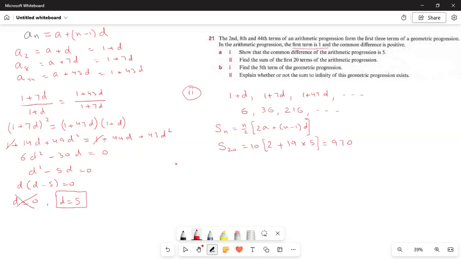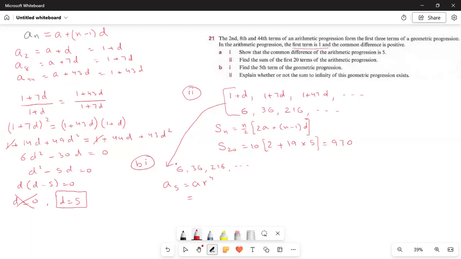Now let's do part B1. Find the fifth term of the geometric progression. I need this information; I wrote it there by mistake. So I know that my geometric progression is 6, 36, 216, and so on, right? So I need to find the fifth term of the geometric progression. So a5 is equal to a r power 5 minus 1, which is 4, right?